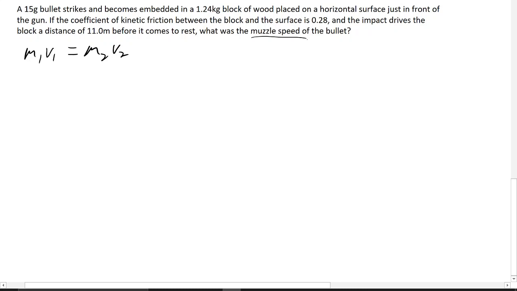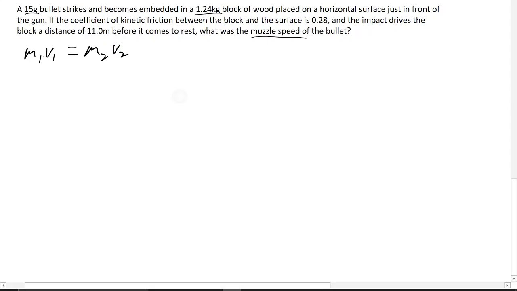And the v2 could be the speed right after the collision, so after the bullet strikes the block of wood. And in this case, m2 would be the mass of the bullet plus the mass of the wood, because the bullet becomes embedded in the wood and becomes part of the wood.